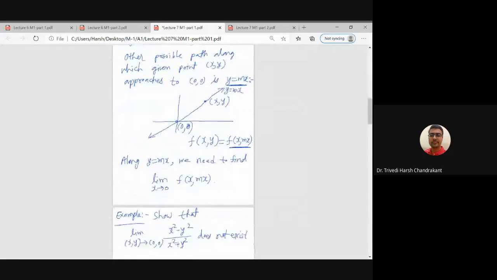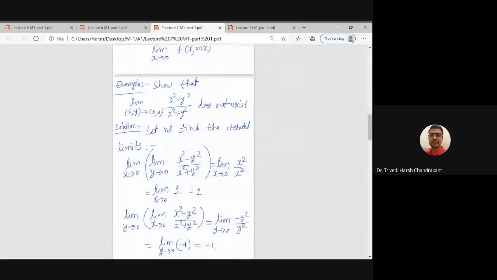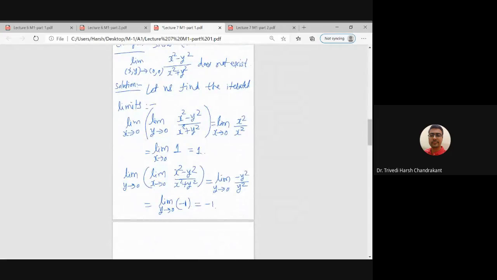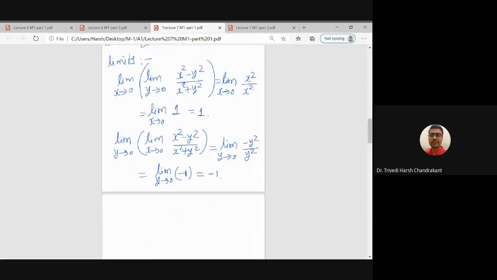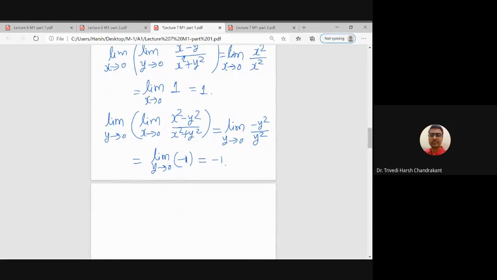So that is what we proved here: along one curve the limit is 1, along the other curve the limit is minus 1, and we know that the limit is always unique.